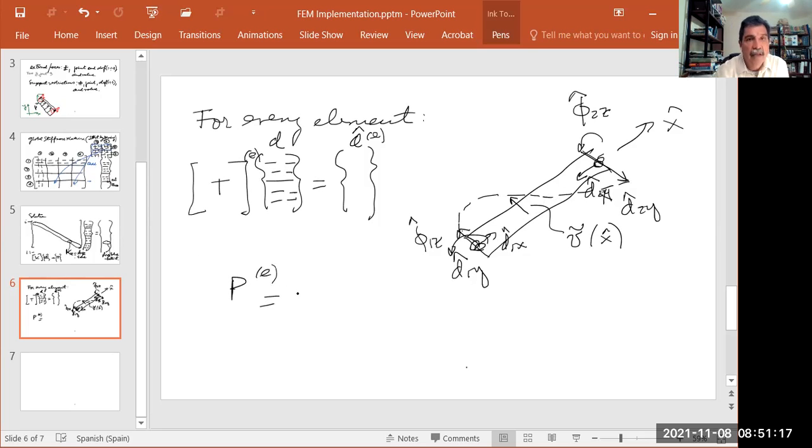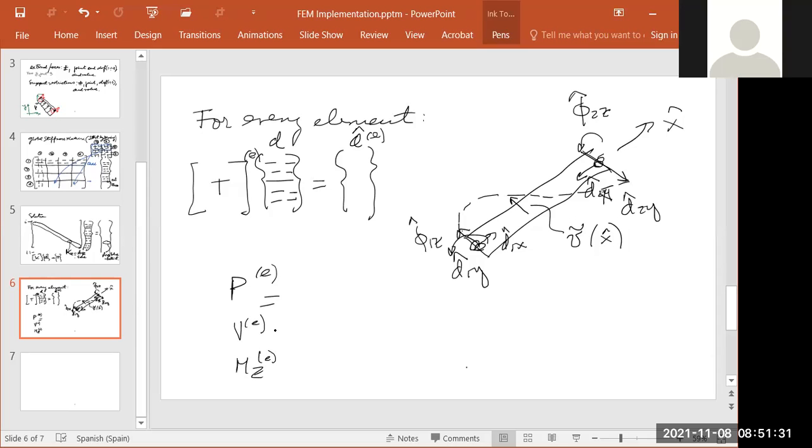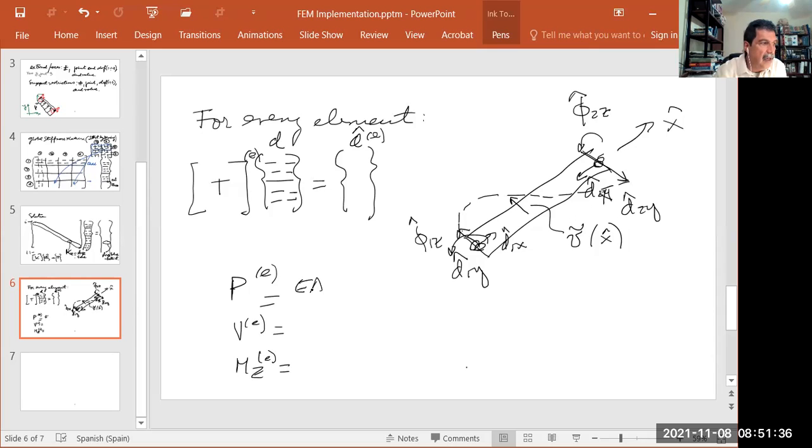Anybody remembers what P is equal to? P for this element, people? Strain multiply area. So it's going to be EA over L times D2X minus D1X. This is D2X, this is D1X, so you can specify the value of the internal force in this element.